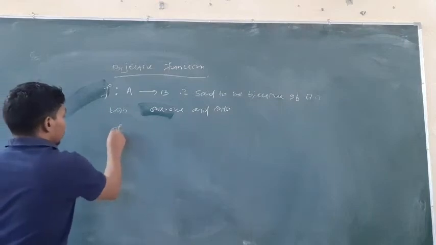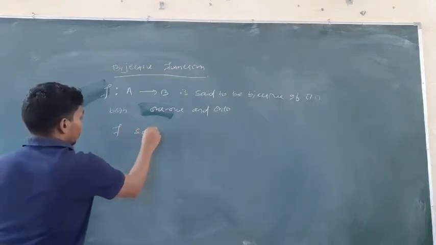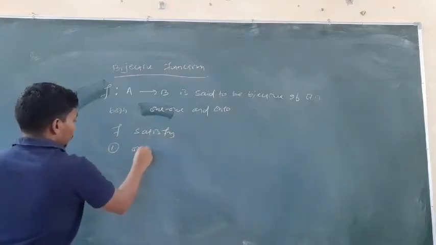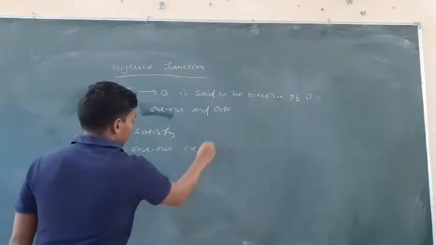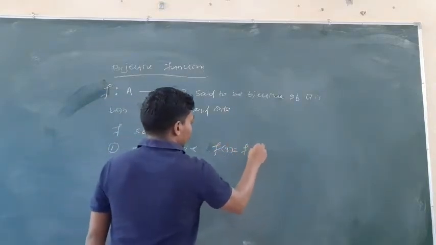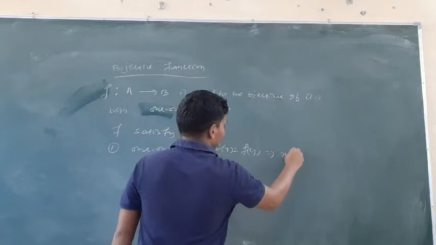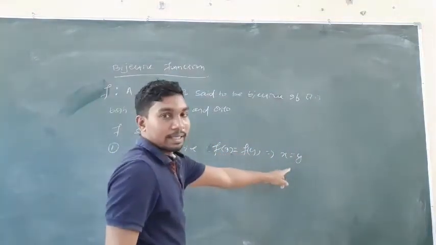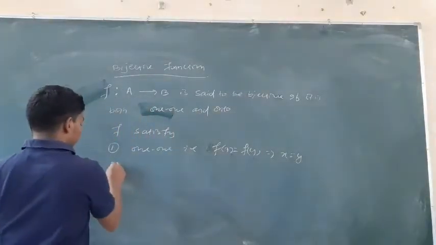That means f must satisfy, first of all, one-one: f of x is equal to f of y implies x is equal to y, or f of x1 is equal to f of x2 implies x1 is equal to x2.